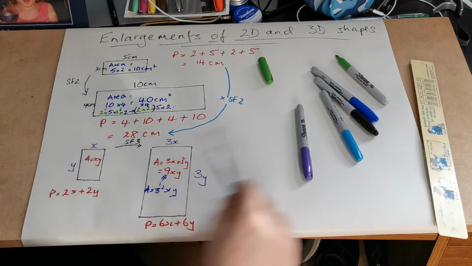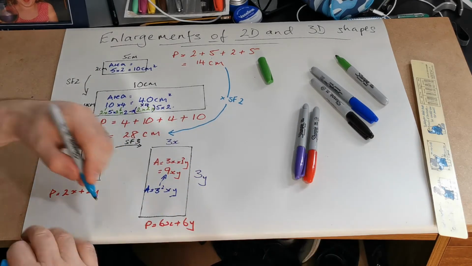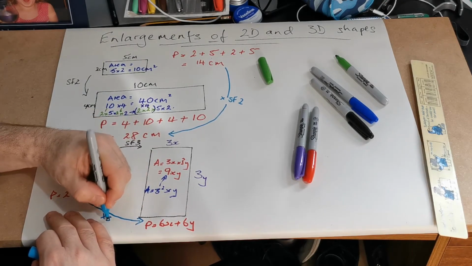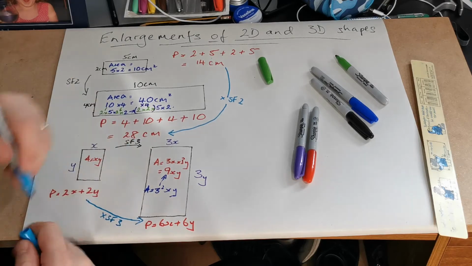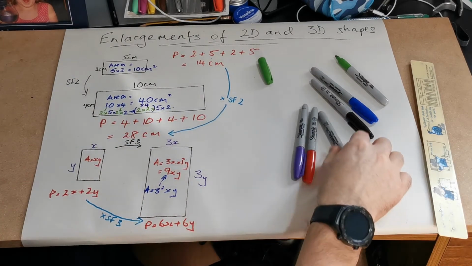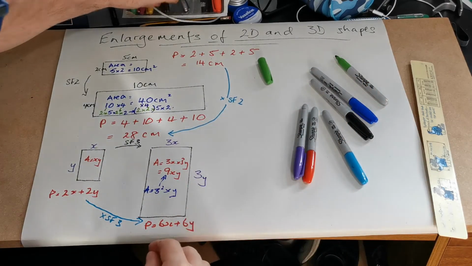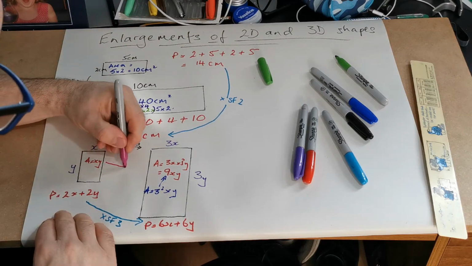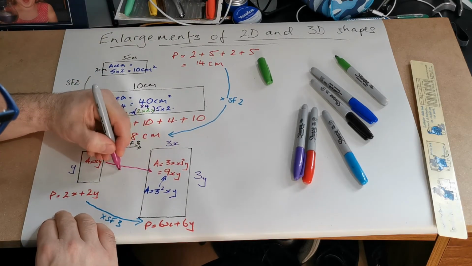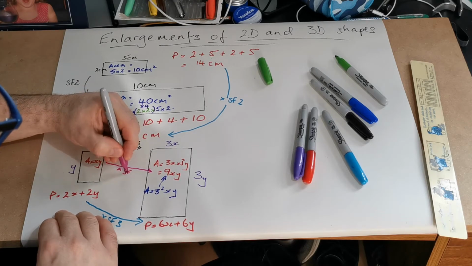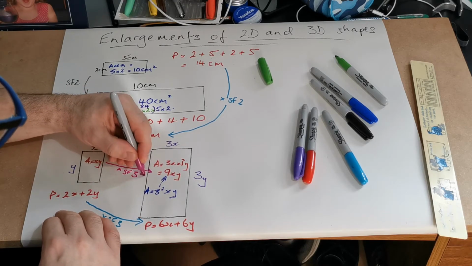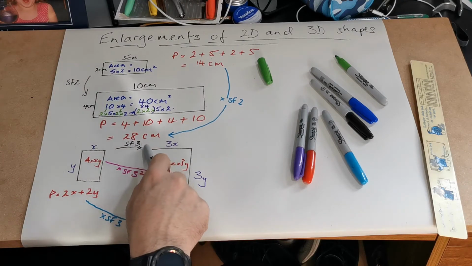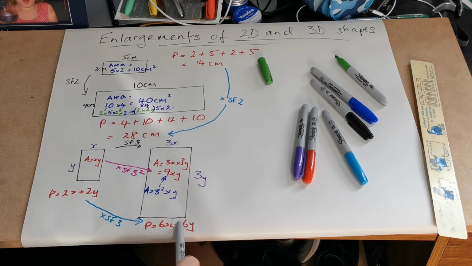So overall, looking at it, the perimeter has been times the scale factor 3, but the area, which is different, is times by a scale factor 3 squared, and that's because you've enlarged one dimension and the other dimension.